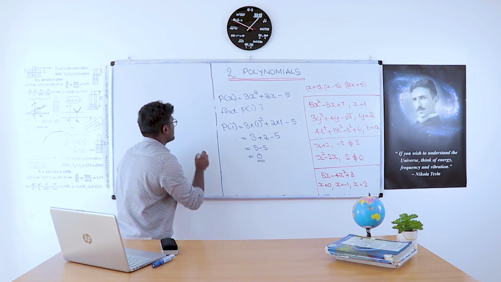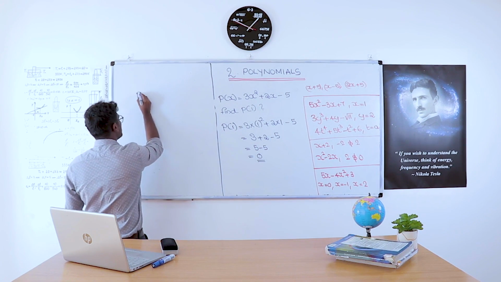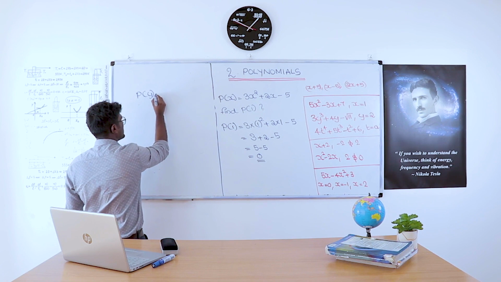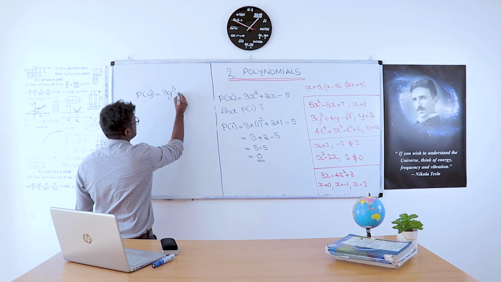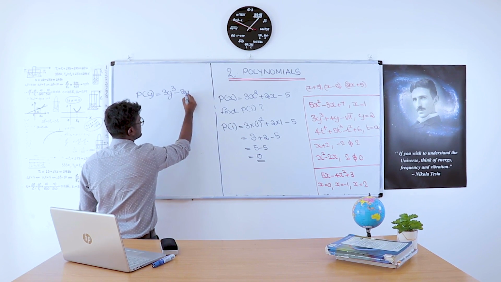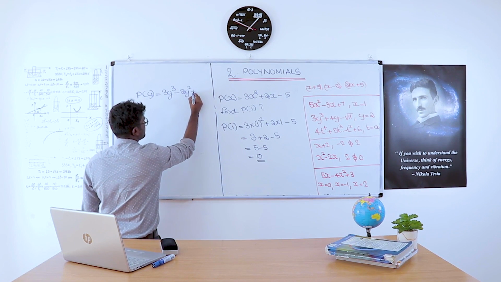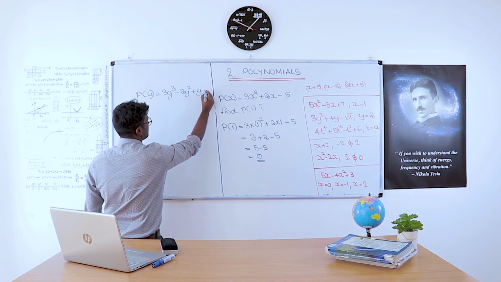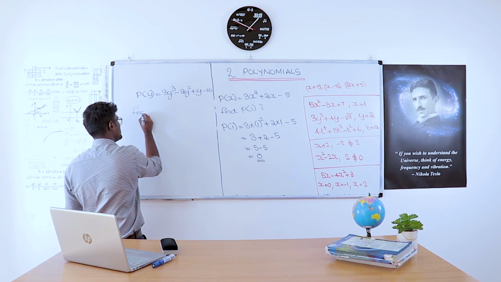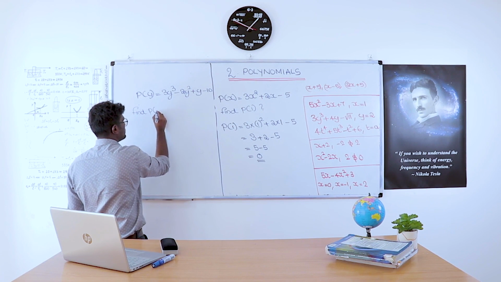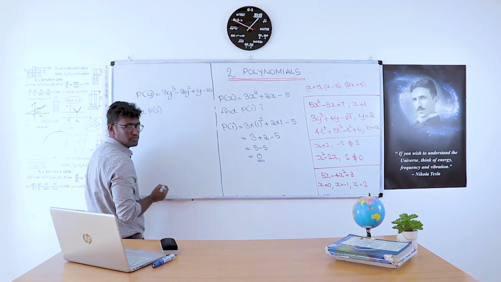Another one: if p of y equals 3y cube minus 2y square plus y minus 10, find p of 2. How will you find p of 2?